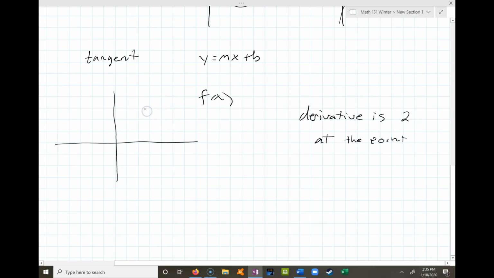I'm going to redraw f of x. Let's say it goes like this. Let's say that the derivative is 2 at the point 2, 3. So now I'm going to make it go through 2, 3.